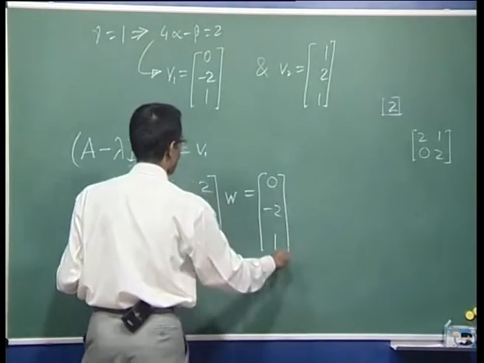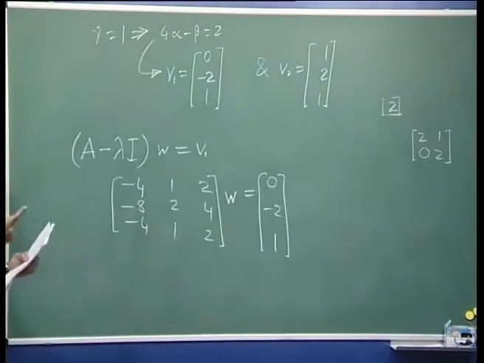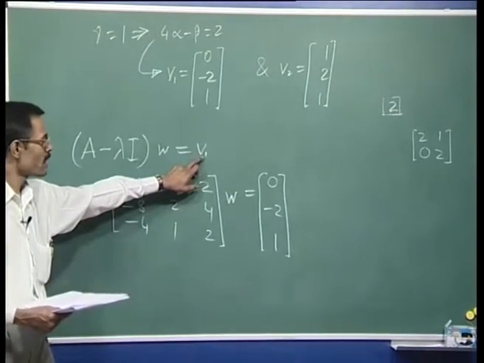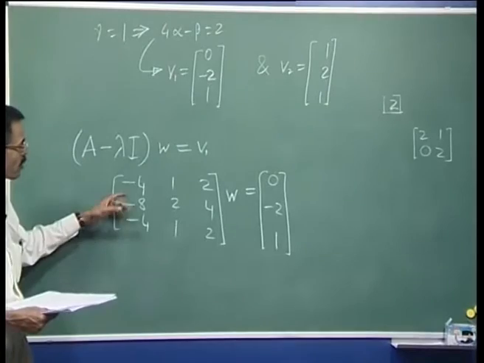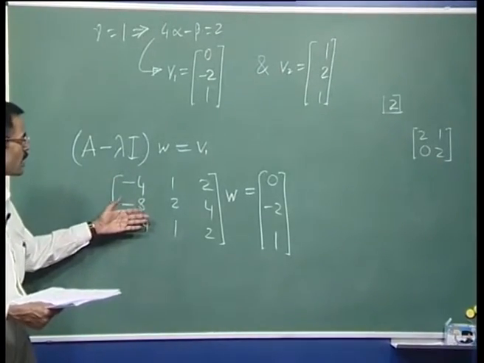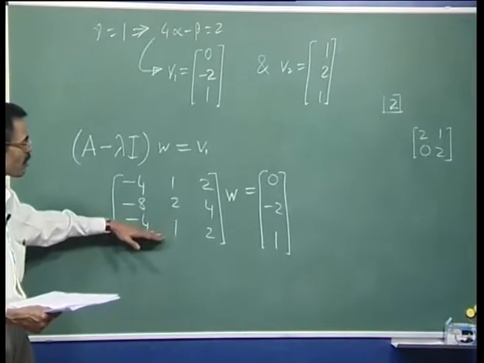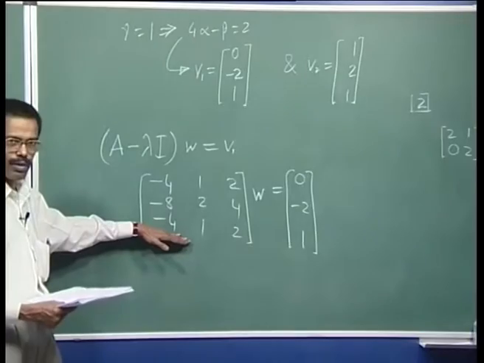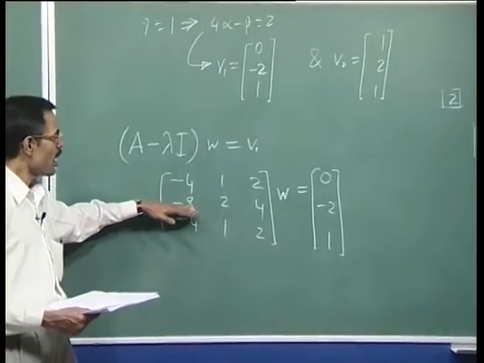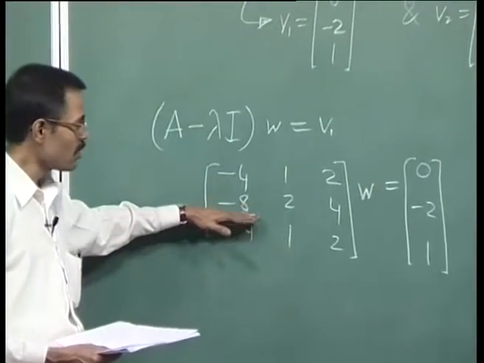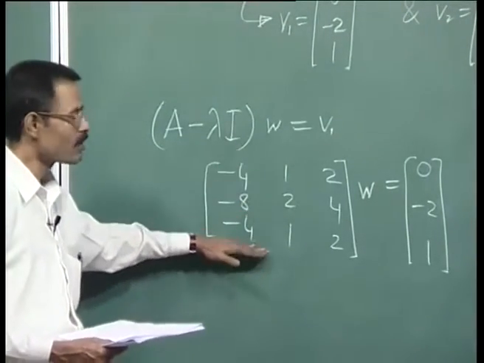So, we are looking for the generalized eigenvector corresponding to this eigenvector V1, right, and then what we can do, again the same elementary row operations will mean that these 2 rows become completely 0. Let us apply those 2 elementary row operations, R2 minus twice R1 to be put in R2 and R3 minus R1 to be put in R3.